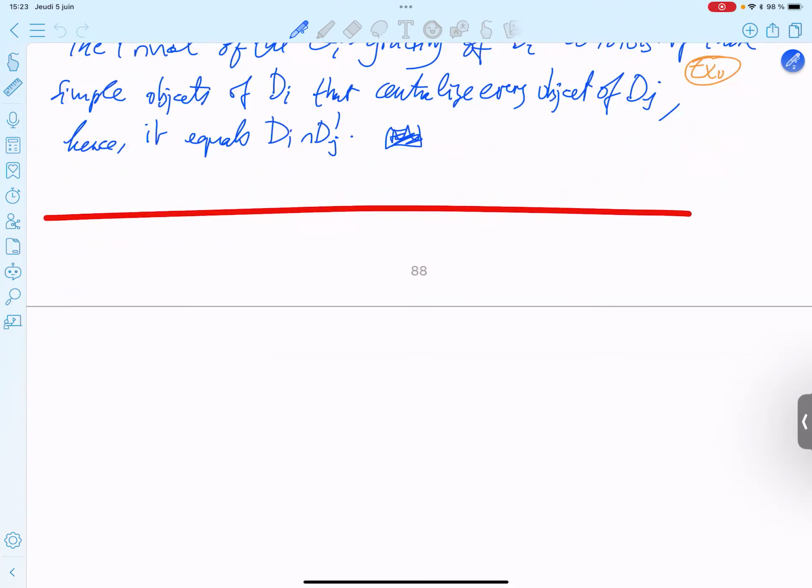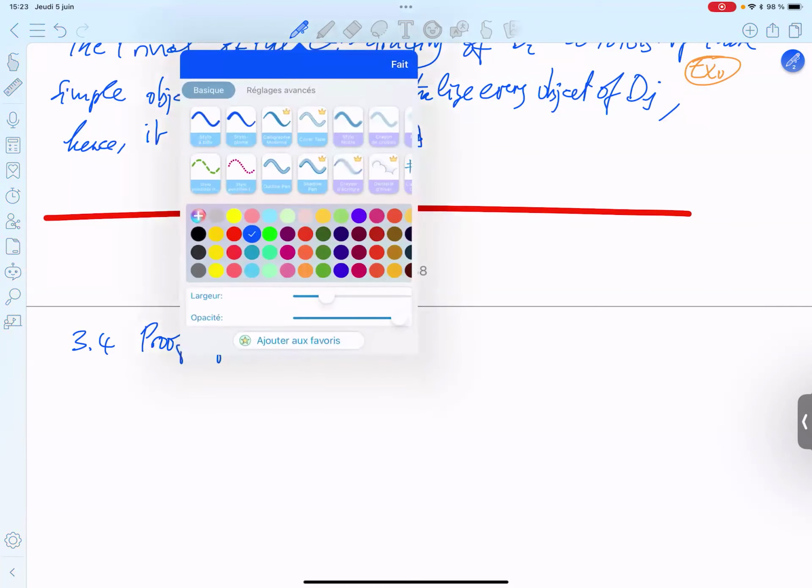Okay, so the proof of theorem 3.4. Don't worry, I will recall the statement of this theorem, because we will prove it, so at least we need the statement.